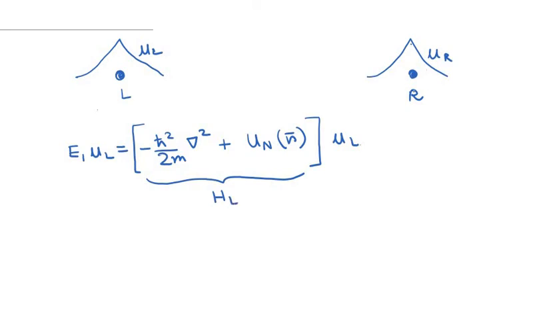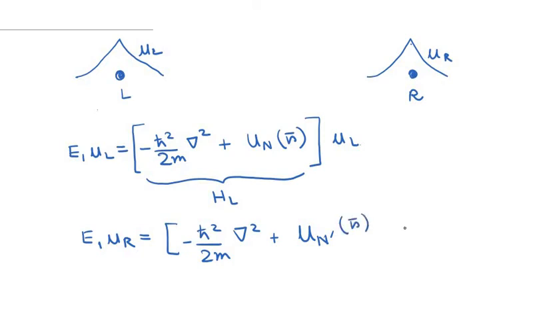Similarly for this atom we have a similar situation. We call it E1 UR equal to again minus h bar squared by 2m del squared plus UN dash (r) acting on UR, and this again is the Hamiltonian of the right system, which we call HR.